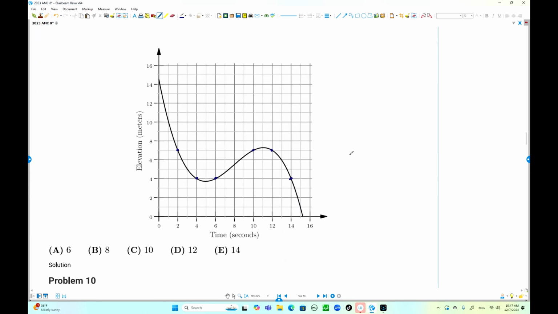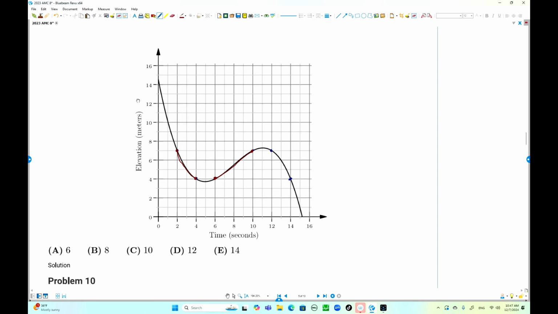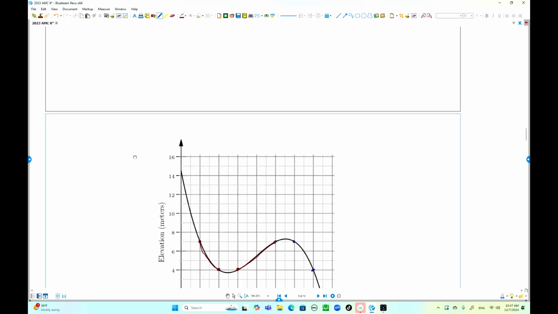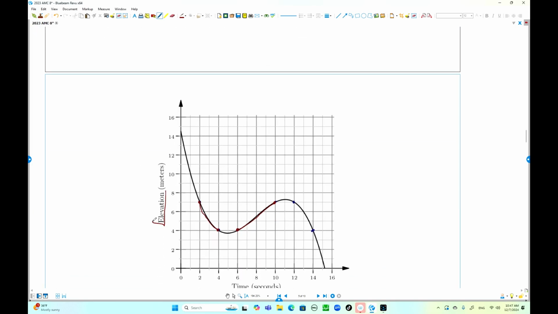Now, where is the elevation? From here to here, and here to here. Okay, any elevation between 4 and 7. So between these numbers.